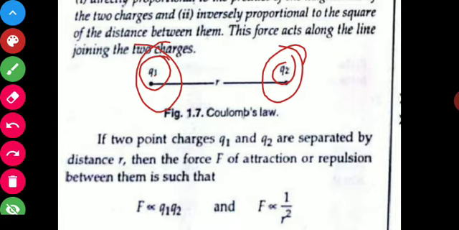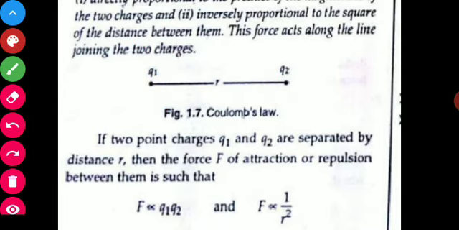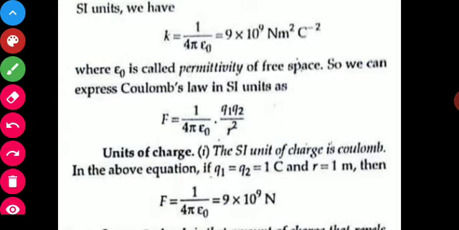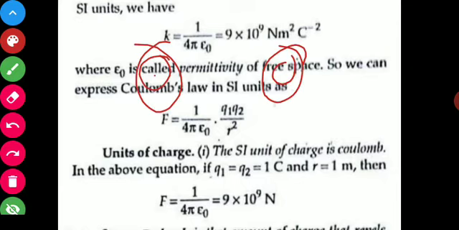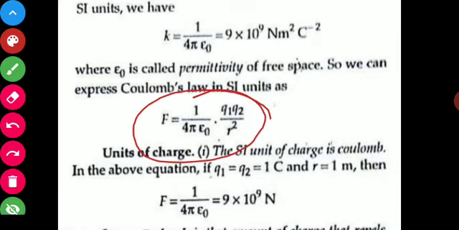So this is the statement of Coulomb's law. And its expression is F is equal to 1 upon 4 pi epsilon naught q1 q2 upon r square.